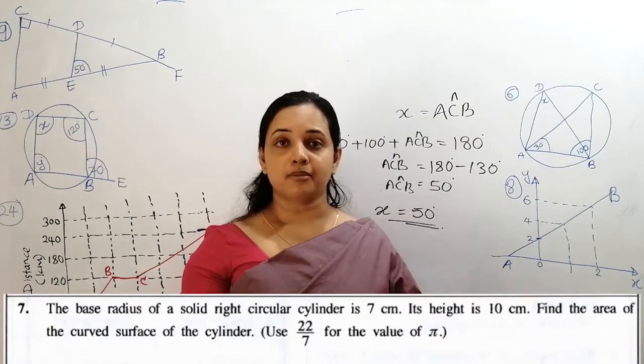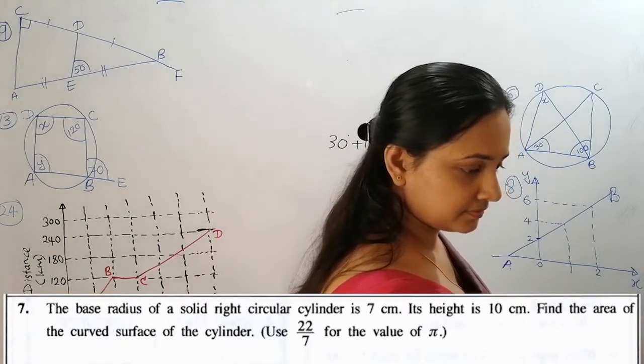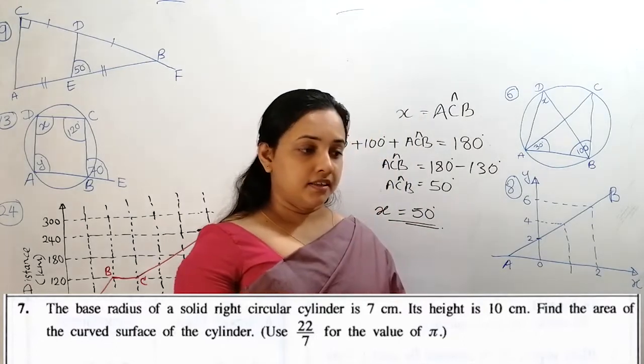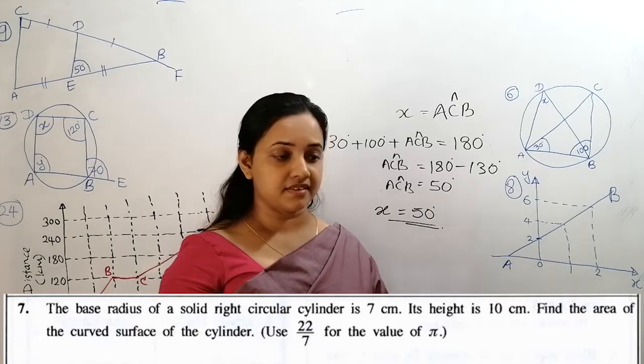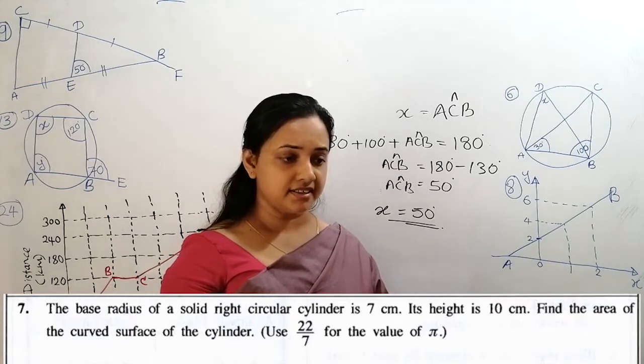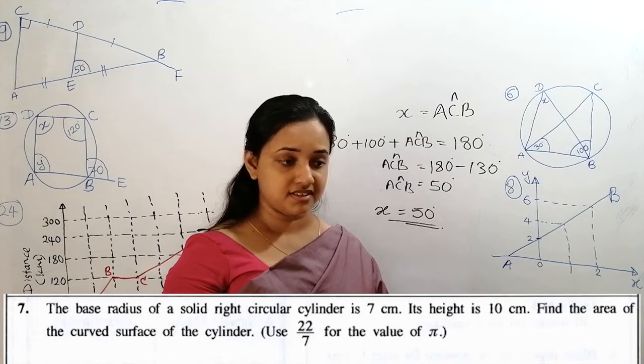Then look at question number 7. The base radius of a solid circular cylinder is 7 cm. Its height is 10 cm. Find the area of the curved surface of the cylinder.